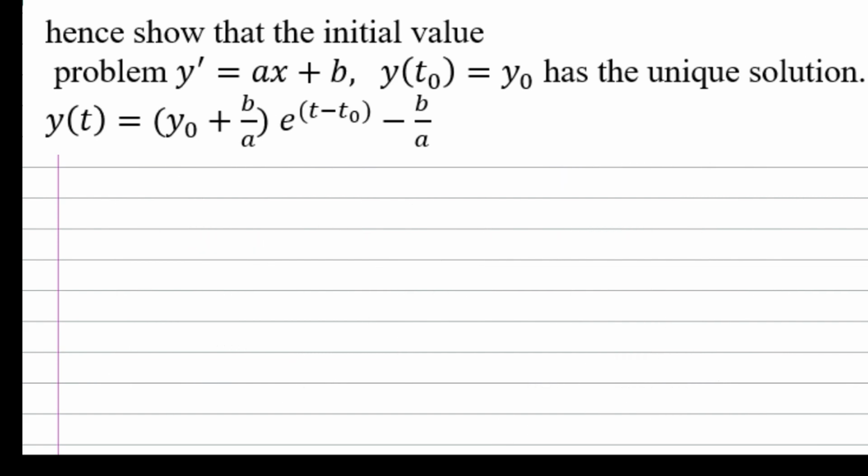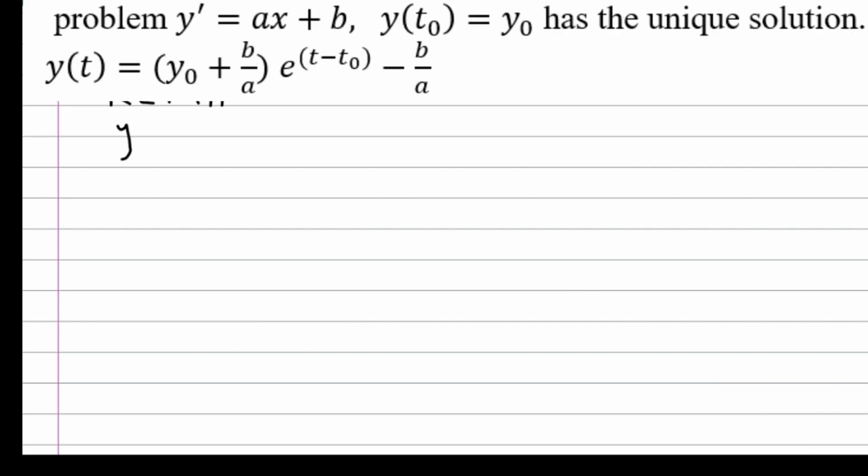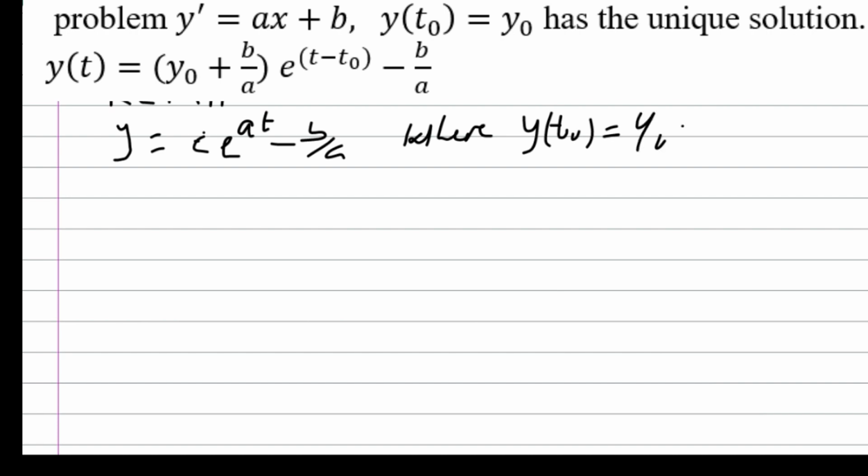Recall y is equal to c e exponent at minus b over a. We are looking for the value of c. So we know that y of t naught is equal to y naught, so I substitute inside. So wherever I see t, I put t naught.